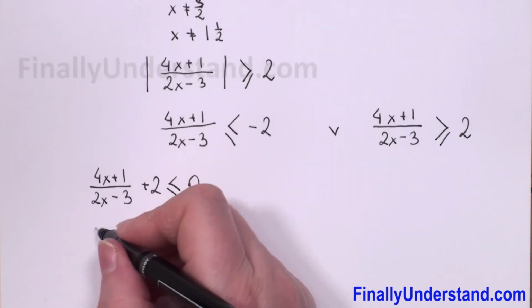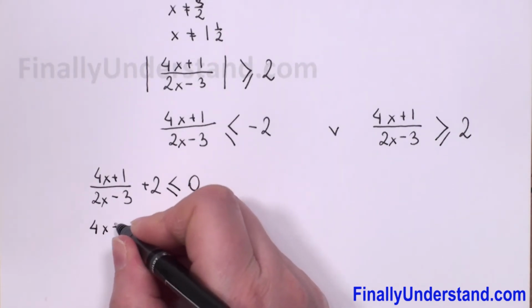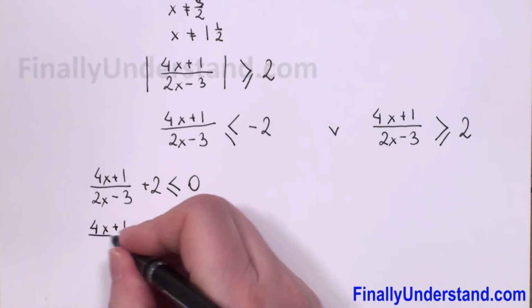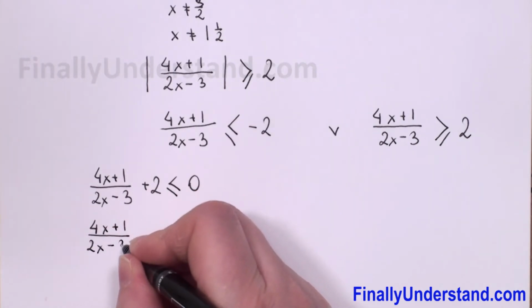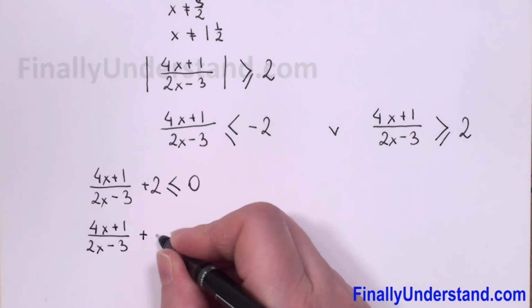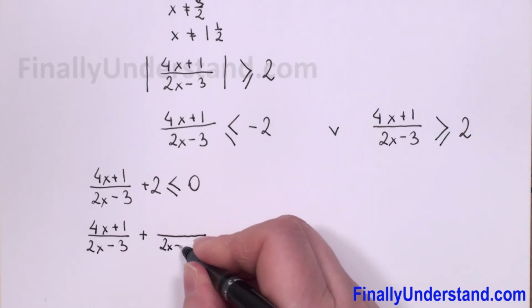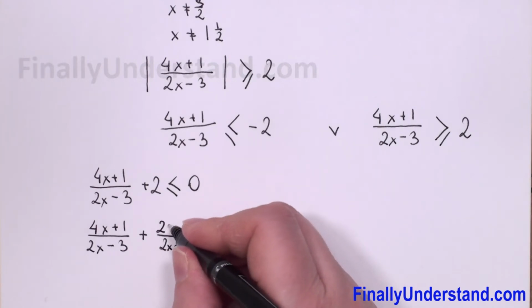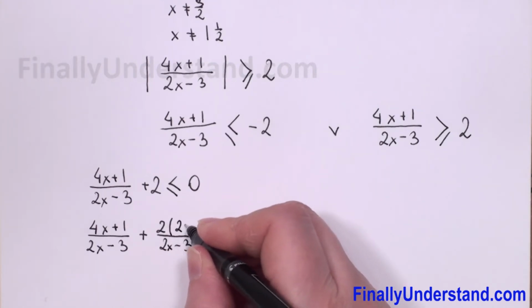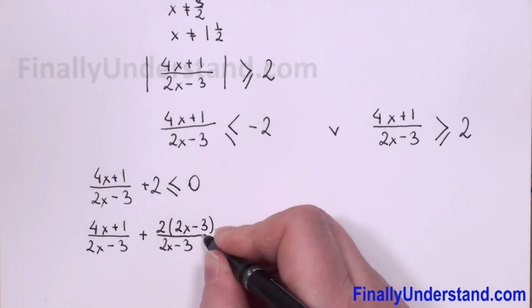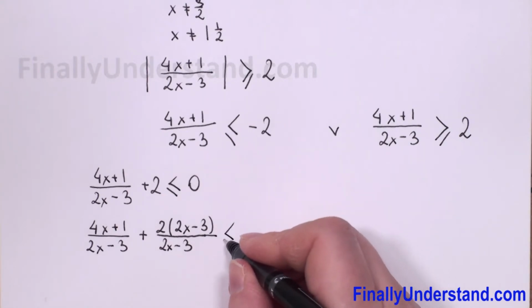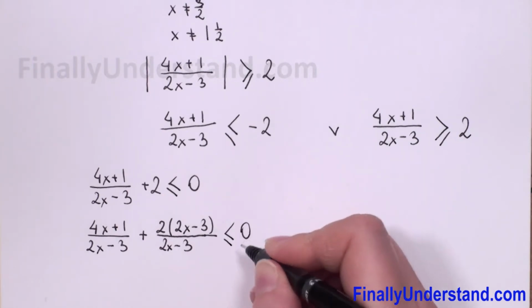So it will be 4x plus 1 over 2x minus 3 plus, the common denominator will be 2x minus 3, so I have to multiply 2 by 2x minus 3, is less than or equals 0.